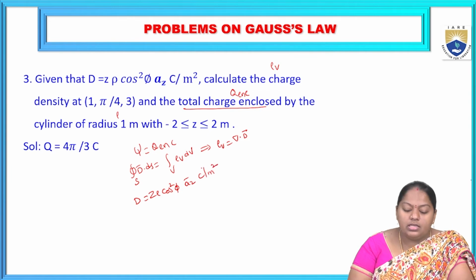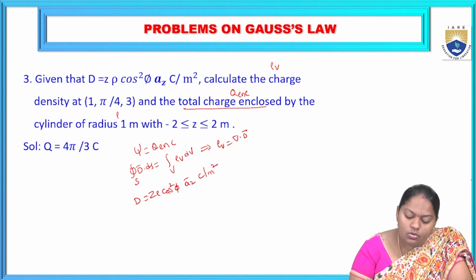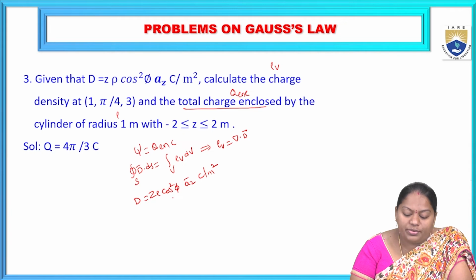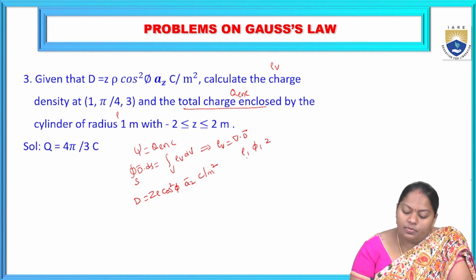See, if you observe the given D, rho, phi, Z are the three variables, which means the given coordinate system is the cylindrical coordinate system. From these variables we first identify the differential components, because in order to write the surface area, volume or line charge formulas, we need the differential components of the given coordinate system.